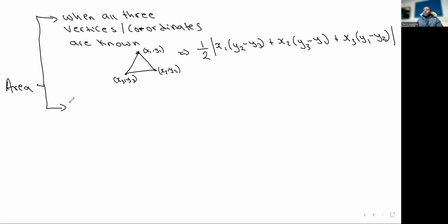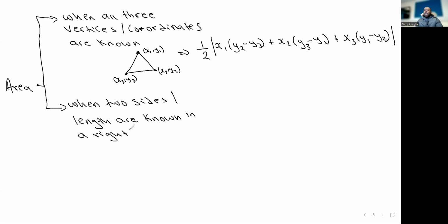Now also, it's possible to find the area when two sides, or the length, are known, but it has to be in a right angle triangle. So it has to be in a right angle triangle.